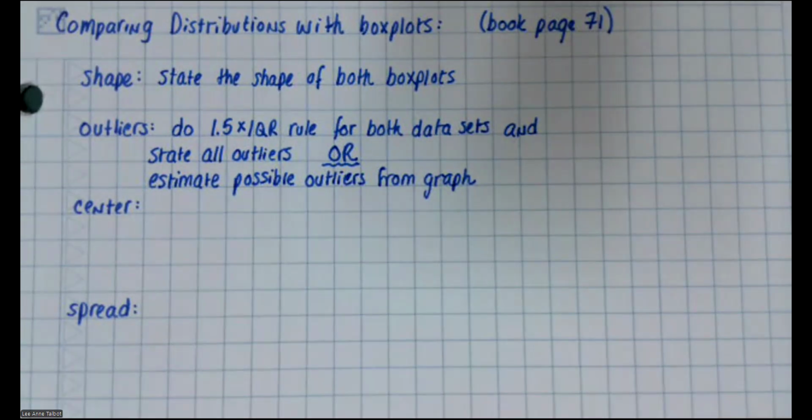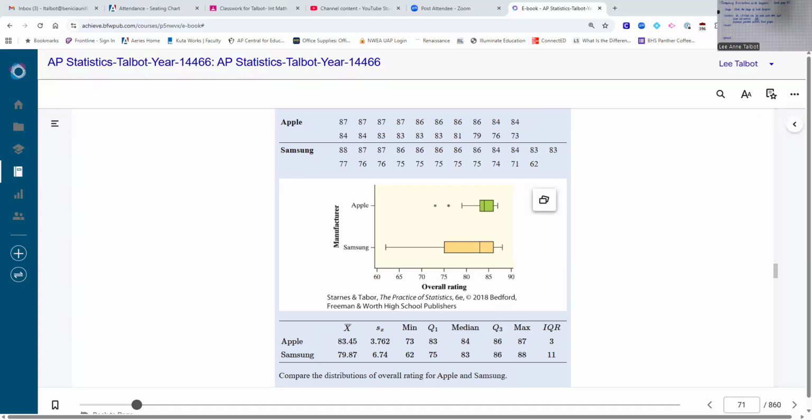And this is a really great example of that on this graph. Notice the Apple data set has 2 low outliers. Because we have the data set, we can tell that those are 73 and 76. And then my box plot actually starts at the next highest number, which is 79.